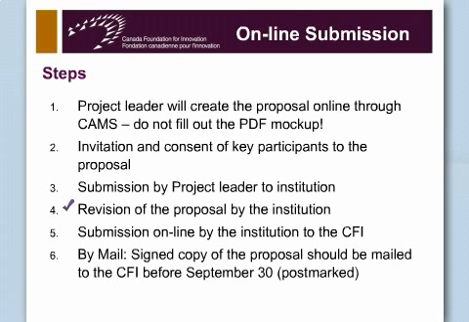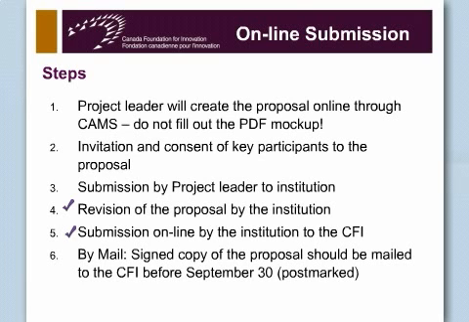Revision of the proposal by the institution can return the proposal to the project leader if there's something that needs to be corrected. So there is sometimes some back and forth between the institution and the project leader.